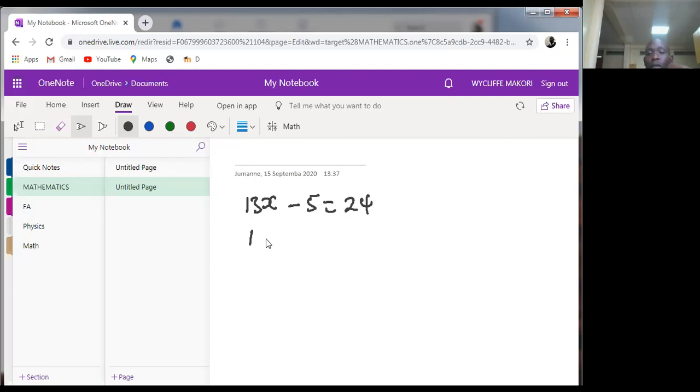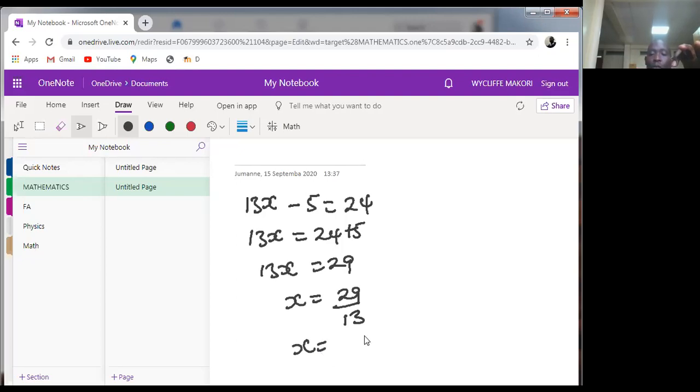So we are going to have 13x is equal to 24 plus 5, so 13x is equal to 29. x is equal to 29 over 13, which can be simplified to a mixed number: 2 and 3 over 13. So those are equations involving one unknown, which are actually simpler.